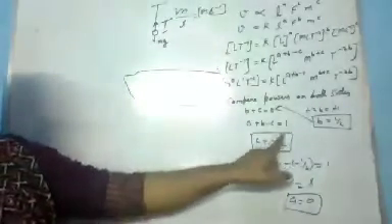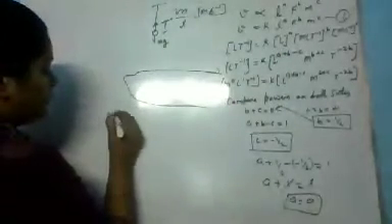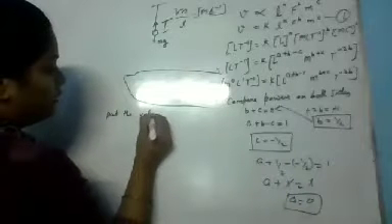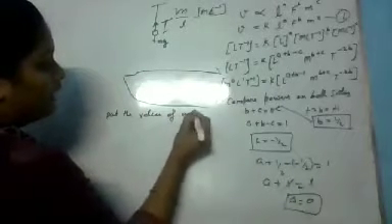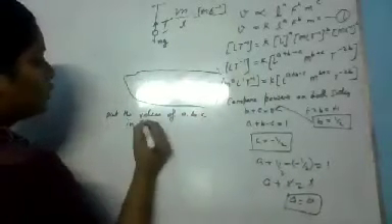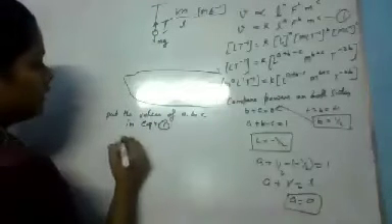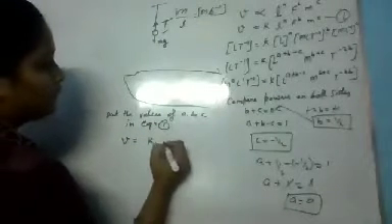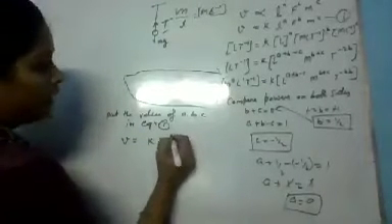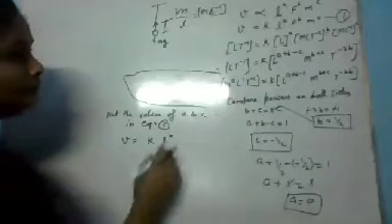Yes, ma'am. Now you have to put the value of A, B and C in the equation first. Let's take it as equation 1. Put the value of A, B, C in equation 1, right? V equals K, L to the power A, that means 0.